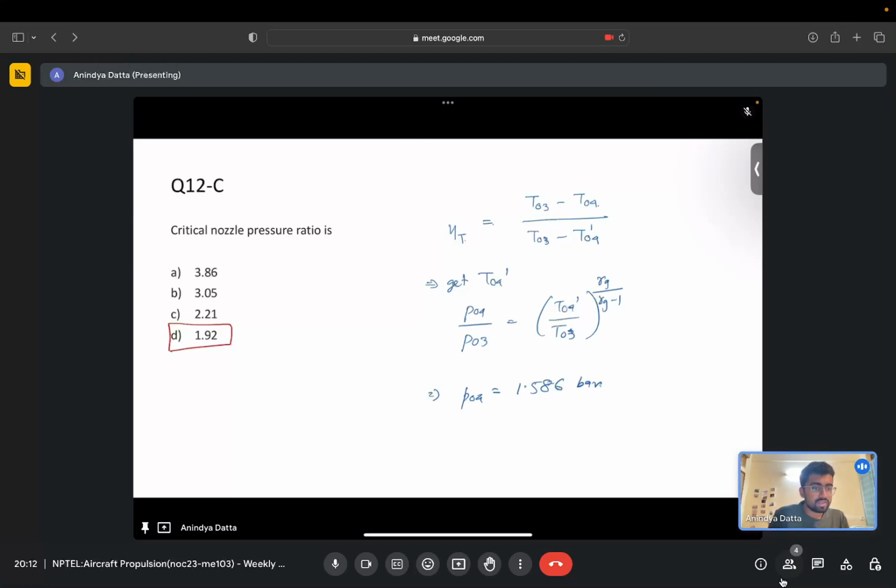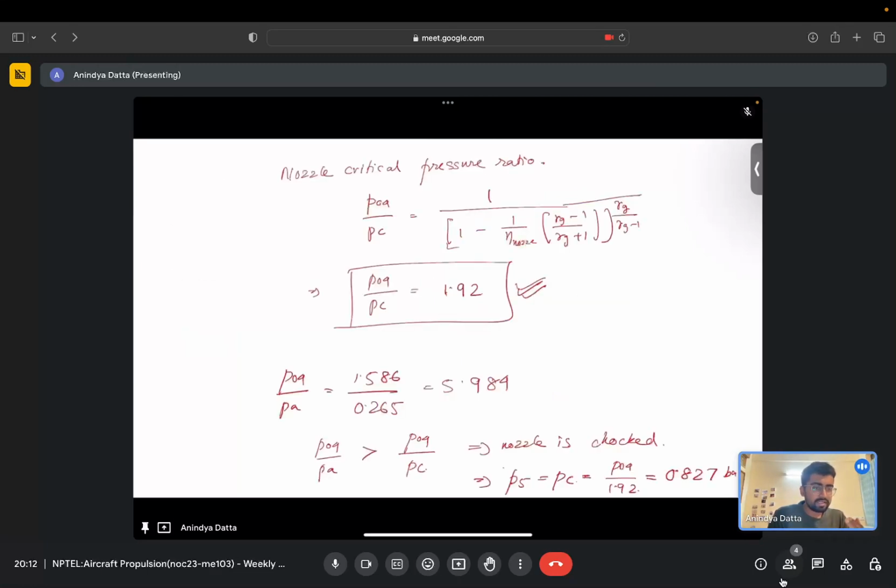Once that is done, we do work matching between turbine and compressor to find the turbine exit temperature, and after that we use the turbine isentropic efficiency to find the turbine exit pressure. Once we know the turbine exit pressure, we divide it by the ambient pressure to get a pressure ratio, and compare it with the nozzle critical pressure ratio to see whether the nozzle is choked or not.